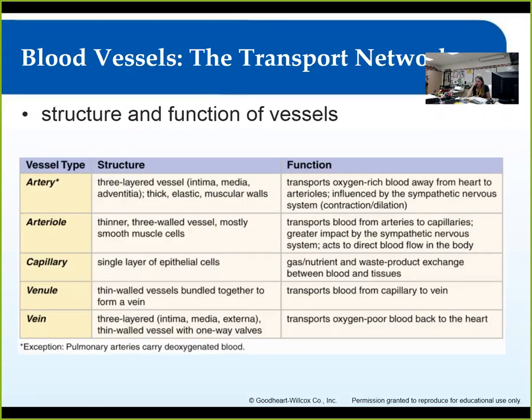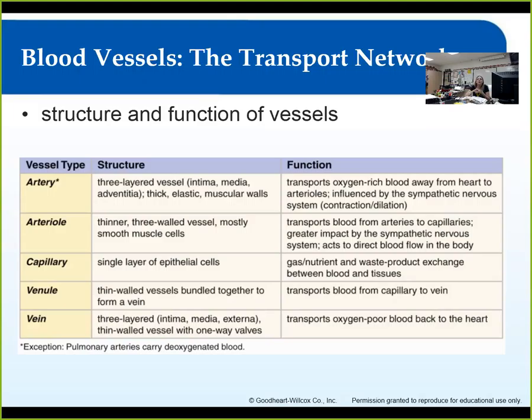Okay, an artery is a 3-layered vessel. These are going to be the thickest blood vessels for the most part. Very thick. They have a lot of elastic tissue in them, and they're muscular, right? That's where our blood pressure, we measure it by arteries. The purpose of arteries, if you'll remember, A for artery, A for away.